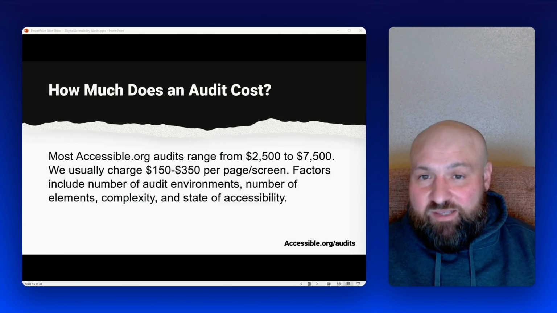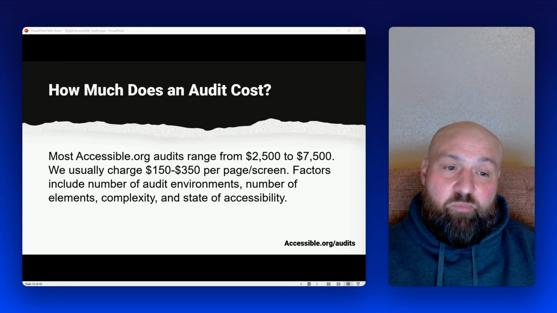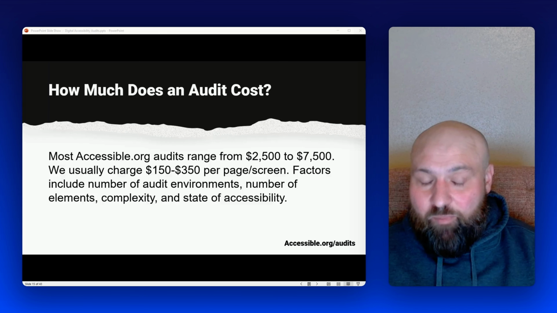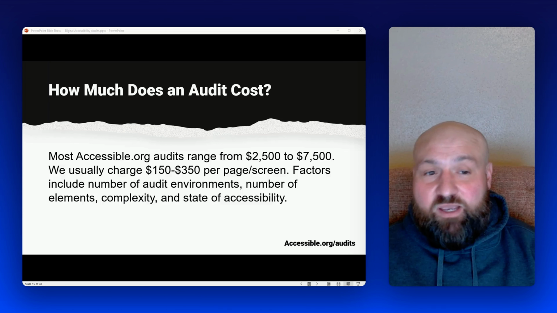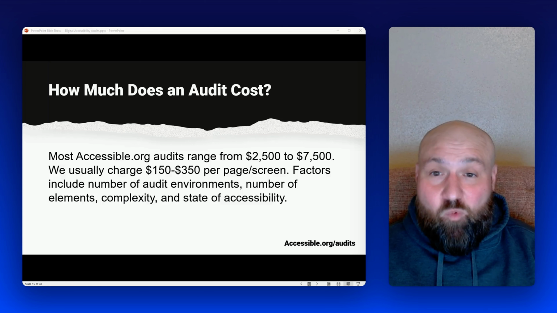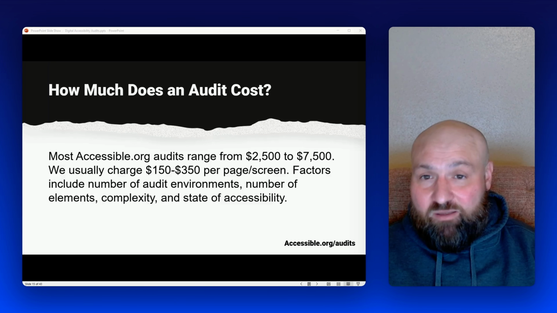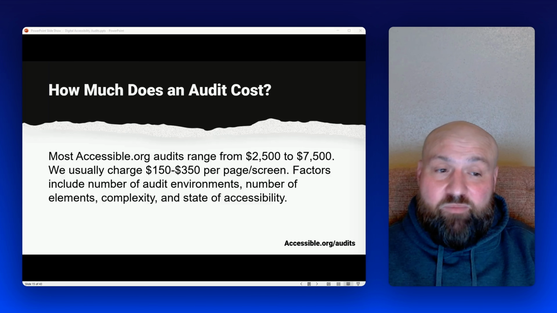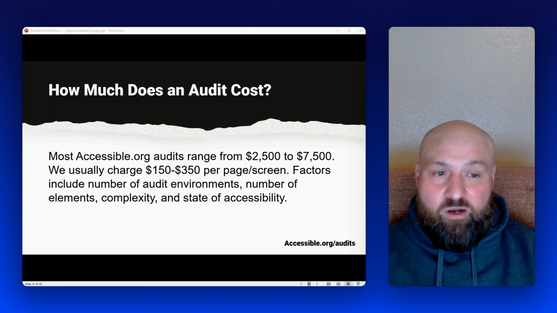Well, that's going to be easier to audit, so it's going to cost less versus let's say you have a page with a chatbot and there is a pop-up and there is a form field and there is a mega menu. Well, it's going to take us more work to go through all of those different elements. And those elements, some of them are more complex than others, but they are dynamic elements. So that is going to lend to a higher cost.